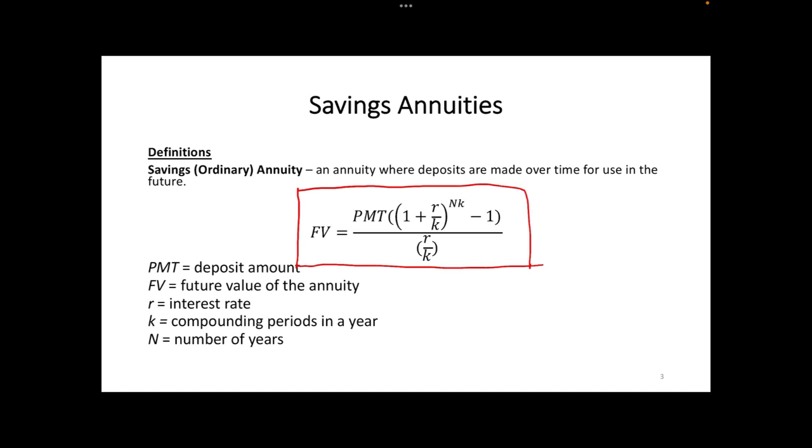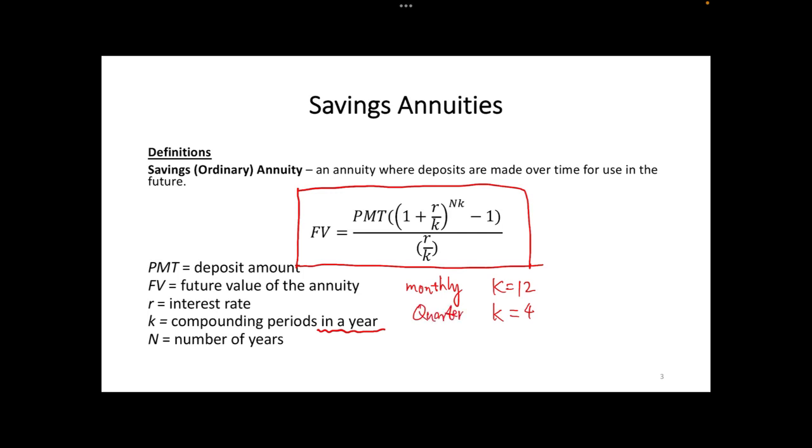R is still the interest rate as a percent number. You need to convert it to a decimal number when you do the calculation. K is the compounding period in a year. If the interest is compounding monthly, K equals 12. If quarterly, K equals 4.